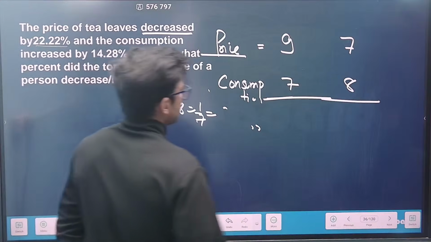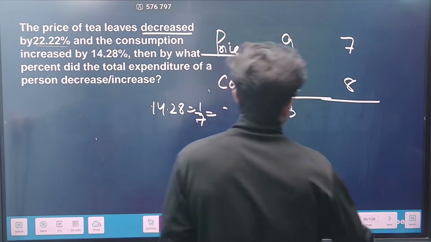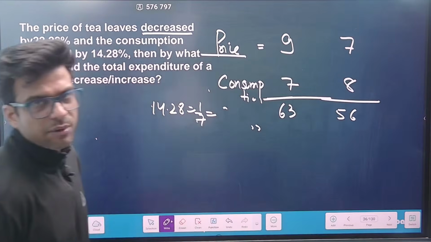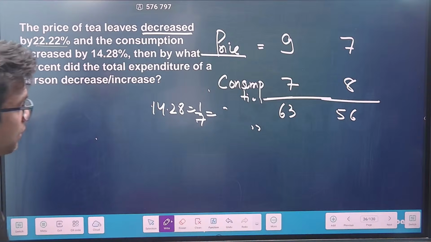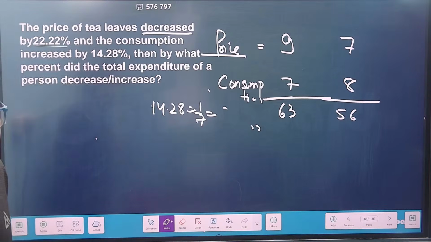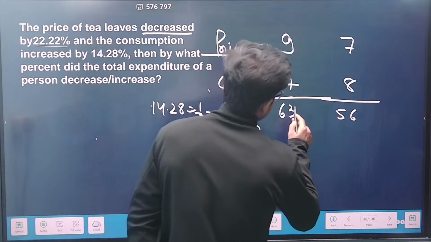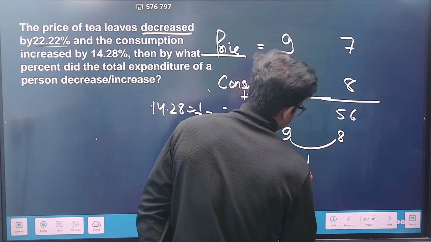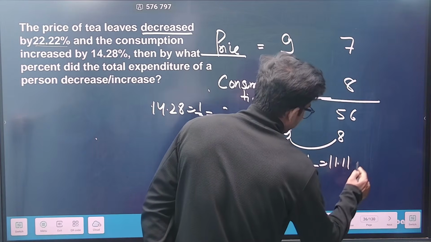Now this is 63 and this is 56. There's a decrement, isn't it? This goes 9 times, this goes 8 times. There's a decrement of 1 by 9, which is 11.11%. That is the answer.